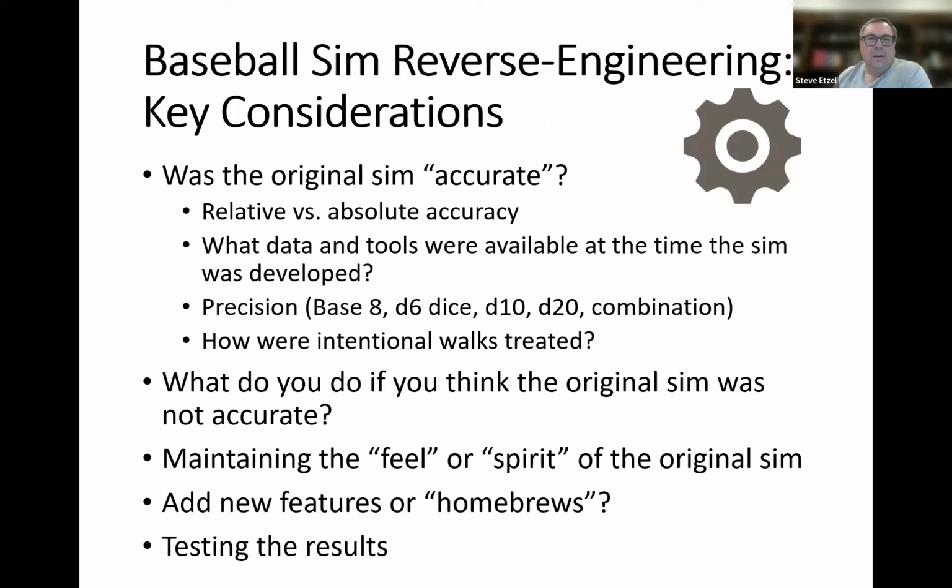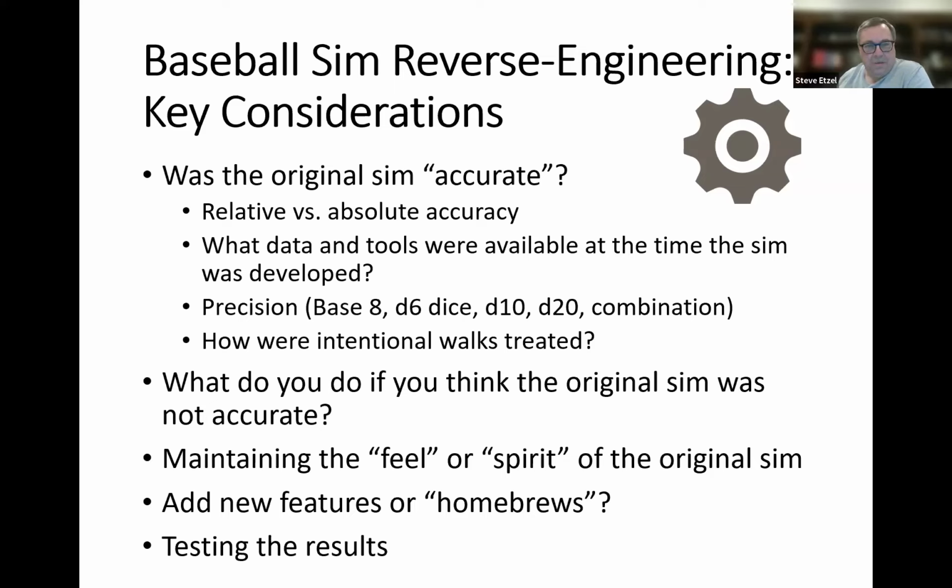So there's a lot of general considerations when you're reverse engineering a sim, and one of them was, was the original sim accurate? I'm hopefully going to talk about accuracy later, but there's lots of definitions of accuracy. You know, what data and tools were available at the time the sim was developed? We talked about that.